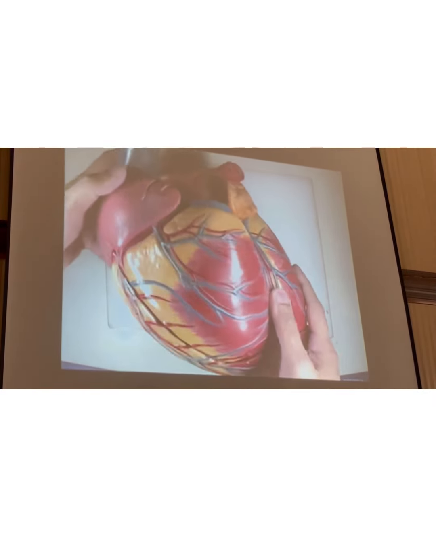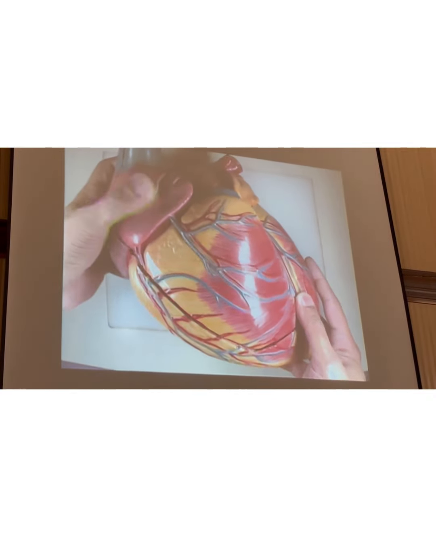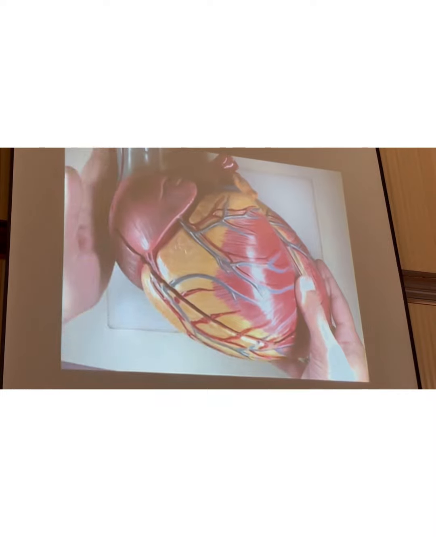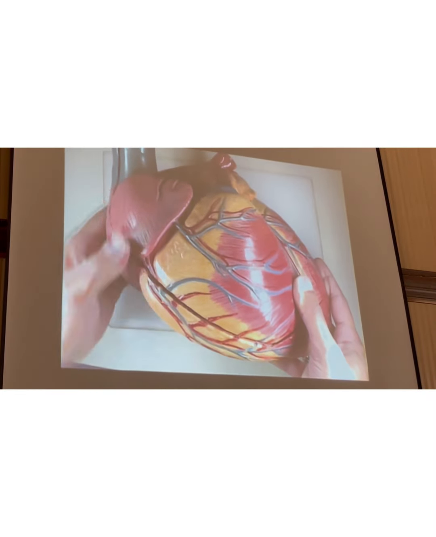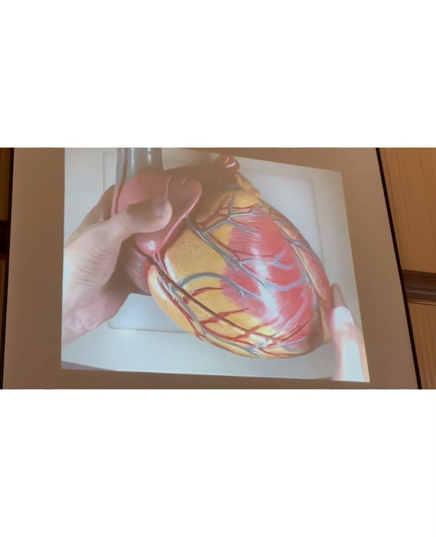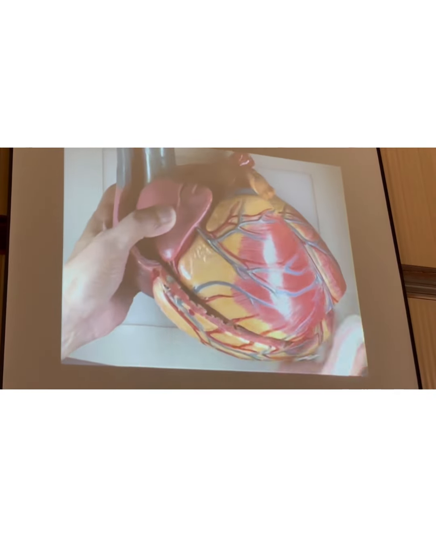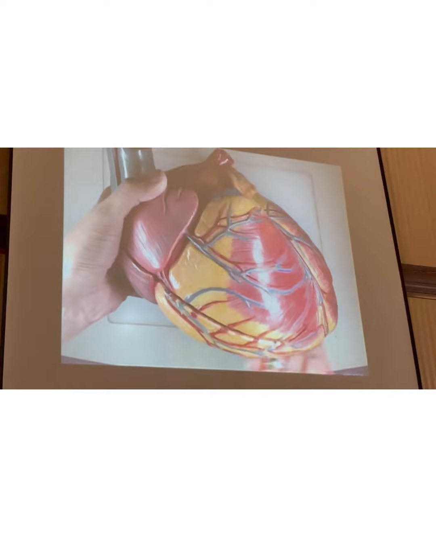The orientation of the heart will be like this. So we have, this is the right border, okay? This is the left border, this is the apex, this is the inferior border.